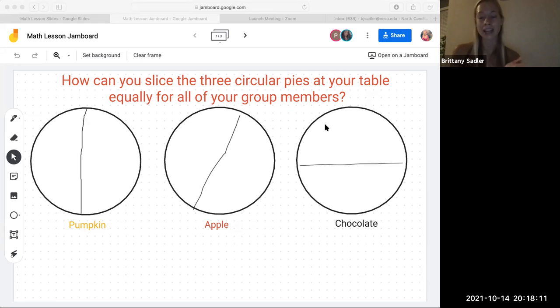Once you decide, if you could show me on the Jamboard which pie slices will be eaten from your group, that would be very helpful. It's up to you to determine how you want to show this to me. You can draw it on the Jamboard, you can write it on the Jamboard, whatever works, but you have to choose 2 flavors for yourself and discuss with your partner how you're going to show it on the 3 pies.